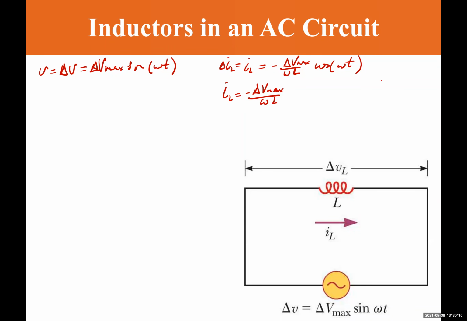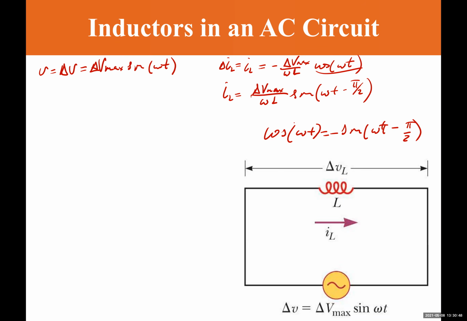Using the identity that cosine omega t equals negative sine of omega t minus pi over 2, I can incorporate the negative and the cosine omega t, and rewrite this as delta V max over omega L, then sine of omega t minus pi over 2.